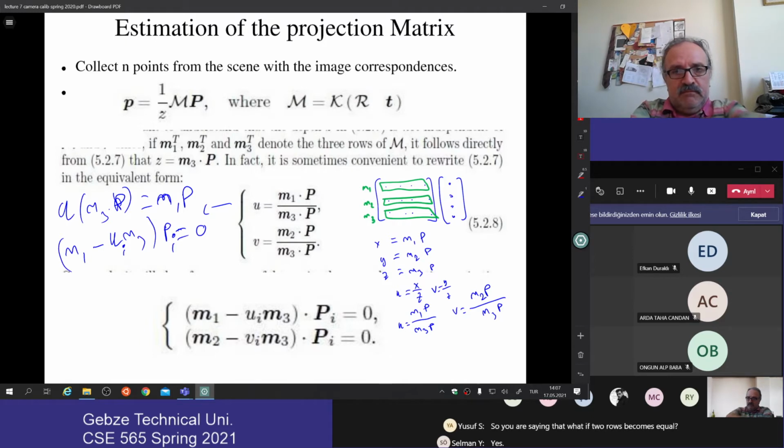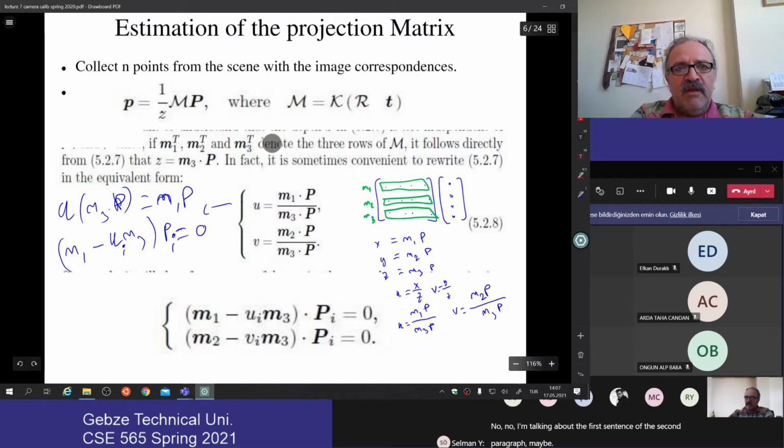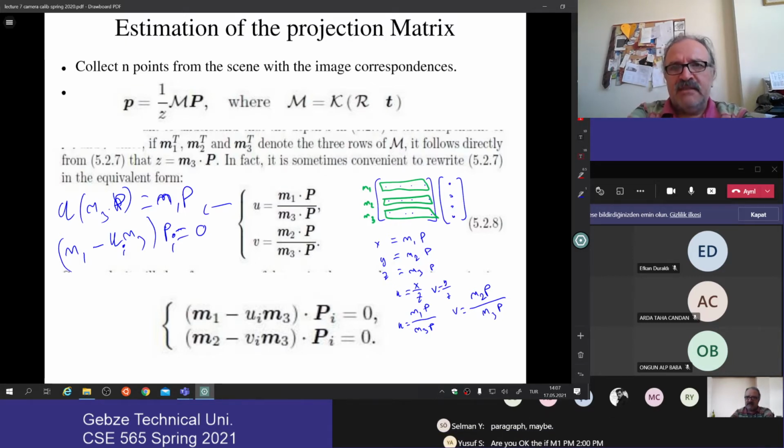I'm talking about the first sentence of the second paragraph. Okay, if M1T, M2T, M3T denote the 3 rows of M, yes. It follows directly from... We denoted M1 as the row itself. M1 is the first row, M2 is the second row. You are saying that this sentence doesn't make sense? Yes.